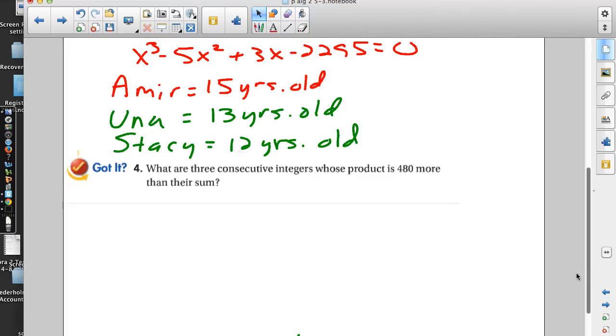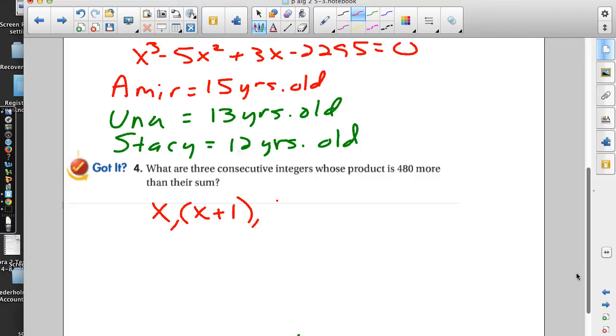So I realize I should make the smallest one an x. And then think, how would I get to the next integer? So basically, what do you do to 5 to get 6? You add 1. And what do you do to 5 to get 7? You add 2. So that's what's going to represent my 3 numbers.